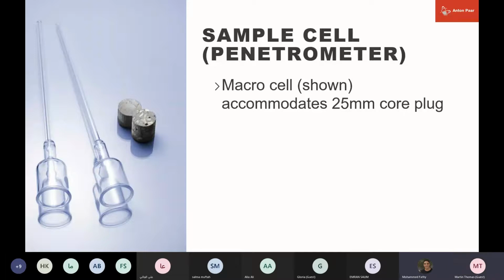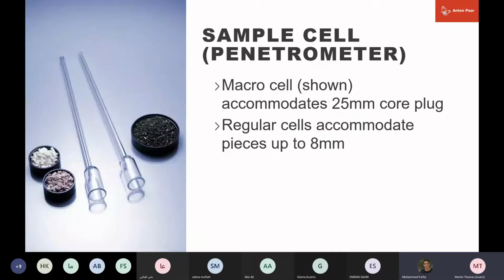Now, if you don't have to analyze this type of sample, you can analyze smaller samples, things like cuttings, for example. You don't have to use a large cell and fill this with a lot of cuttings. I mean, by all means, you can do that. This is designed for the cylindrical plugs, or you can use smaller sample cells for smaller particles, smaller cuttings.